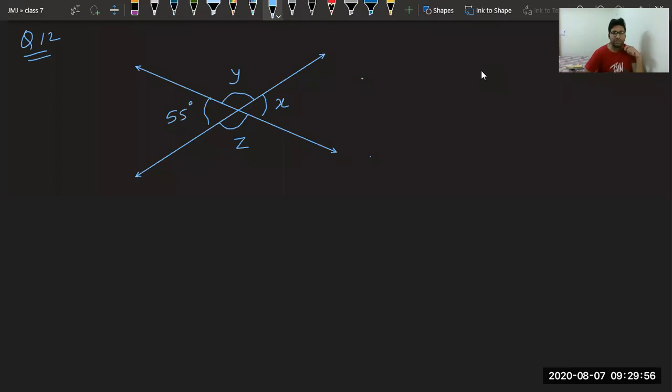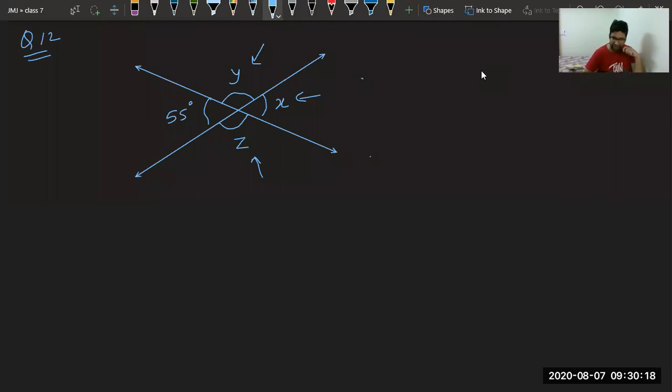Now, to find the things, the first thing is the easiest one. Amongst X, Y, and Z, which one is the easiest to find? Everyone, which is the direct one? Please help me. Amongst X, Y, and Z, which angle can we find directly? Very good.